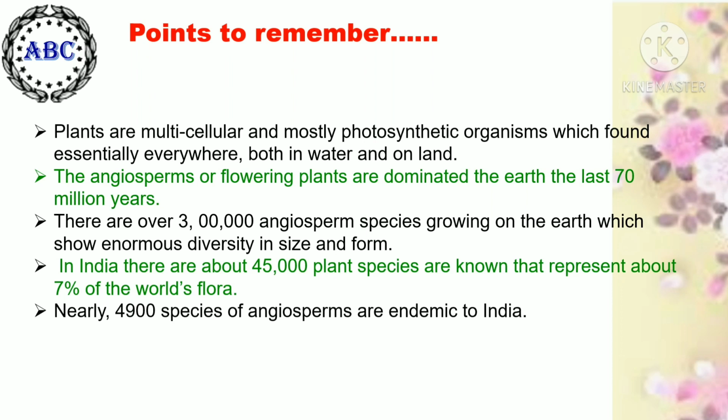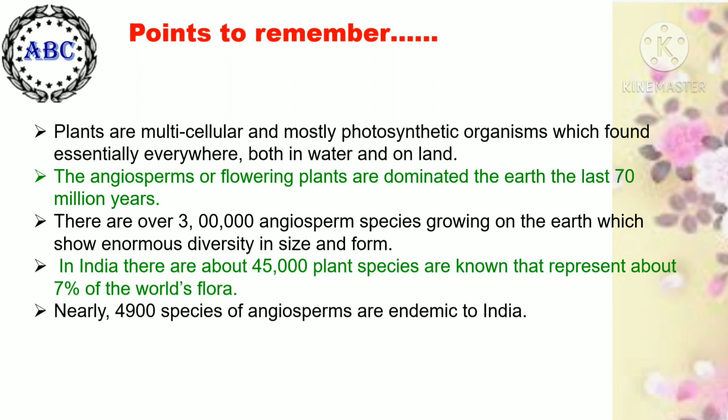Plants are multicellular and mostly photosynthetic organisms, which are found essentially everywhere, both in water and on land. The angiosperms, or flowering plants, have dominated the earth for the last 70 million years. There are over 3 lakh angiosperm species growing on the earth, which shows enormous diversity in size and form.